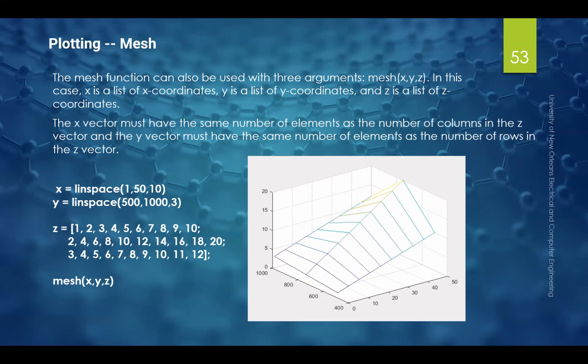That's the only thing you've got to remember. And the Y vector must have the same number of elements as the number of rows in the Z vector. Okay, so we have to match that. So in this case, as you can see, I use the linspace command to define the x-axis, right?